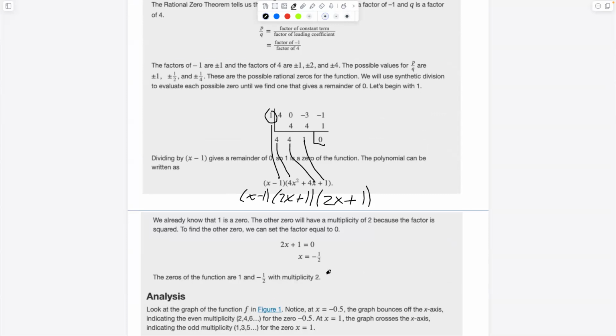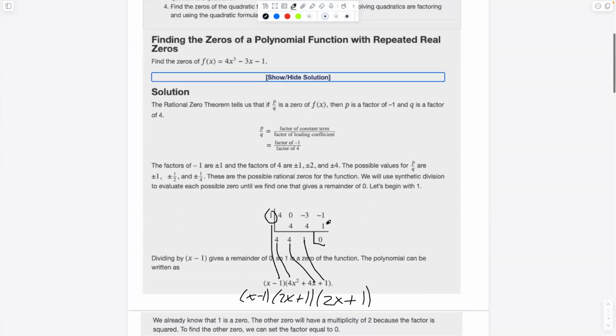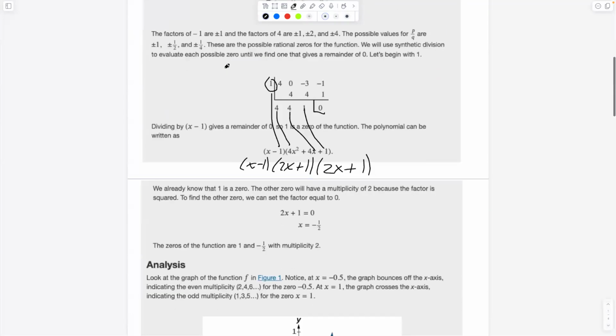And now, of course, we know how to graph polynomials. That's our ultimate goal here, is graphing. So our leading coefficient is positive. Our degree is odd. So we know our arms are going to go opposite ways, down and up, because the degree is odd. The one on the right goes up because the leading coefficient is positive.